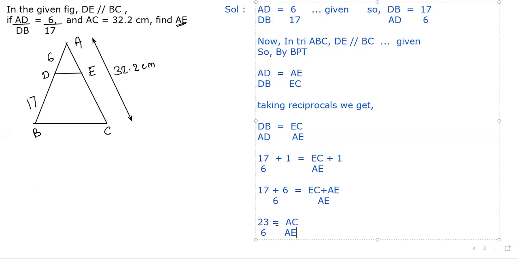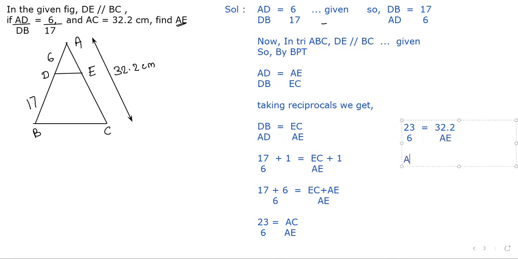Very nice. Okay, so now put the value of AC. So 23 upon 6 is equal to 32.2 upon whom? AE.